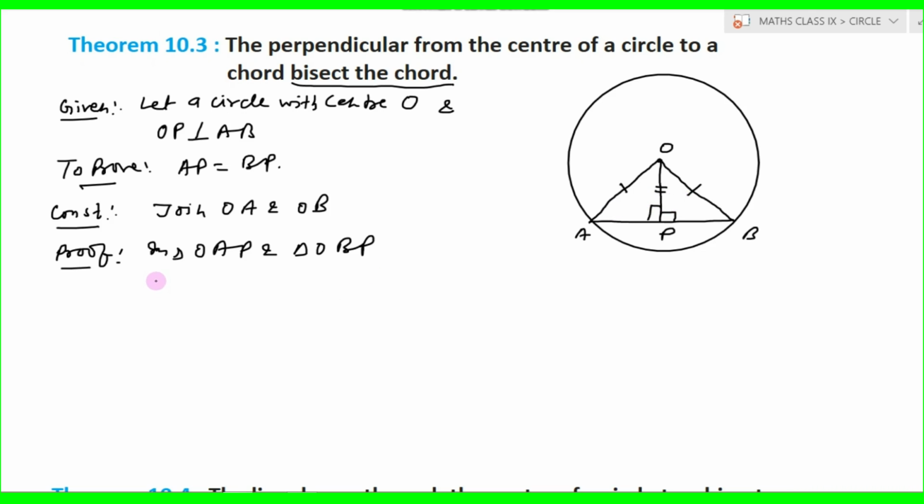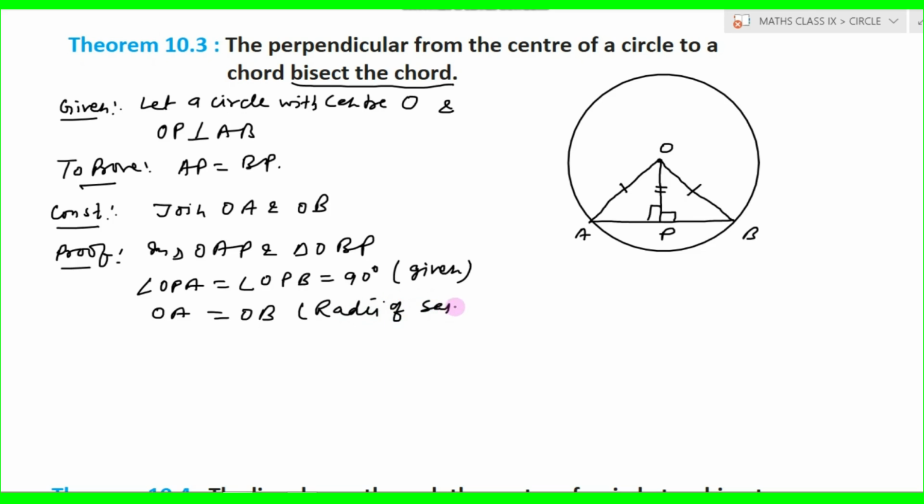Okay. So here we will do in triangle OAP and triangle OBP. First, angle OPA equal to angle OPB. This is equal to 90 degrees. Why is this 90 degrees? This is given, perpendicular. Then OA is equal to OB. Why? Because radii of the same circle. And OP is equal to OP, which is common.